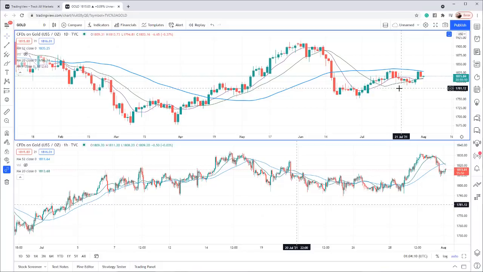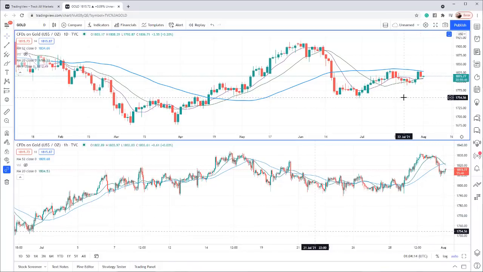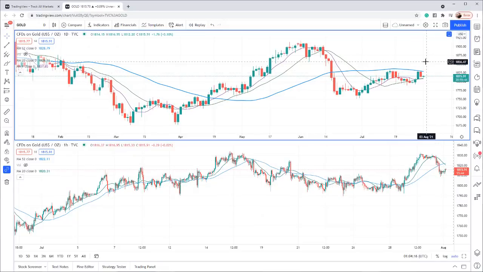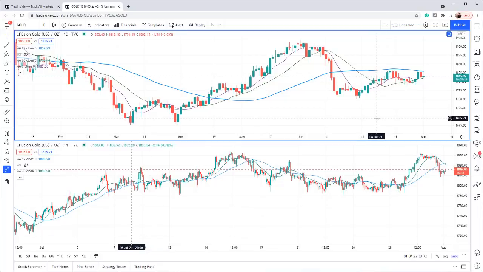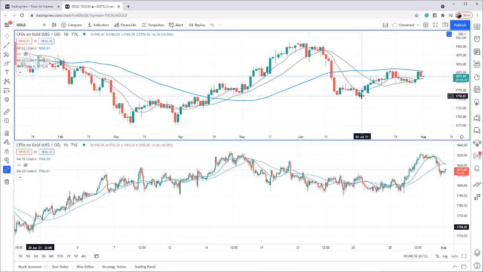I'm going to get some flak about this in the chat box, but I don't care. If we break up, we're likely to go up. If we break down, we're likely to go down. But just hear me out for a minute, okay?